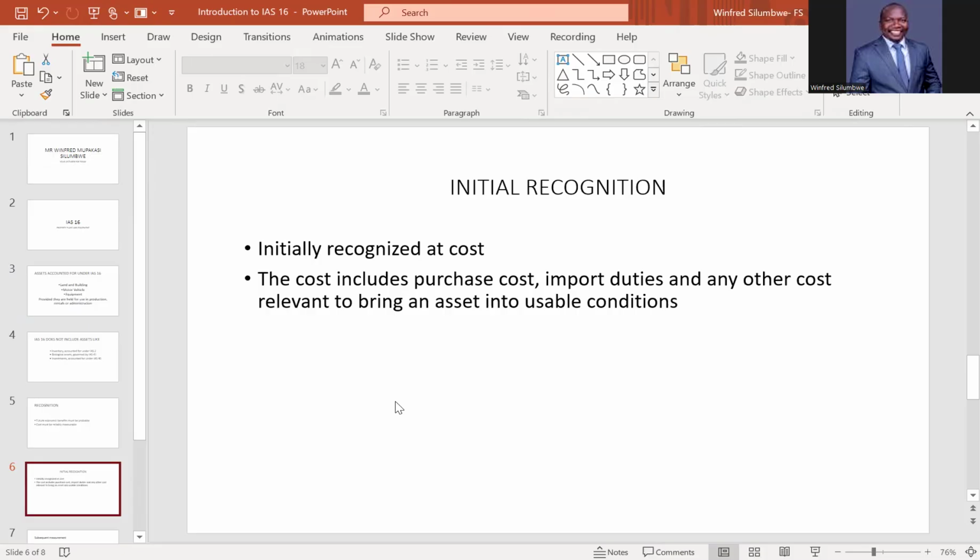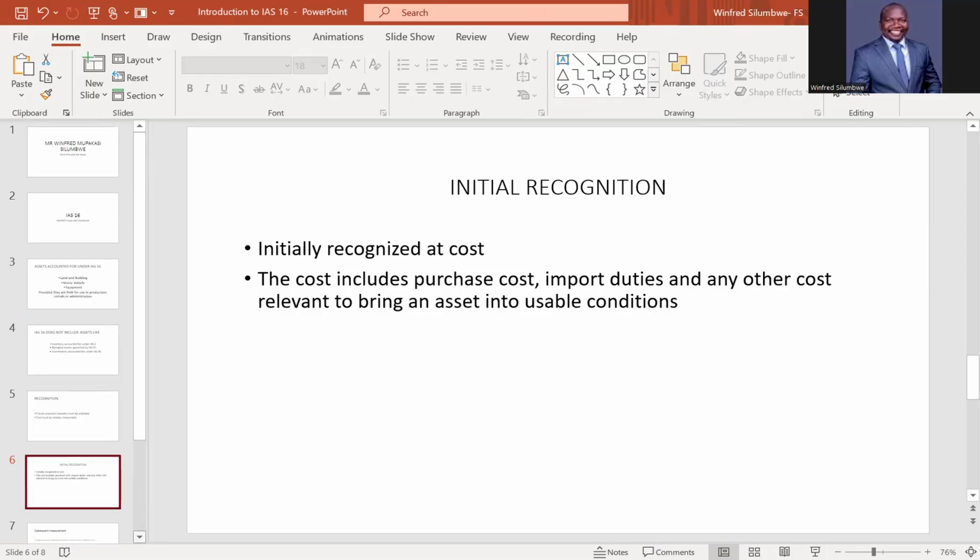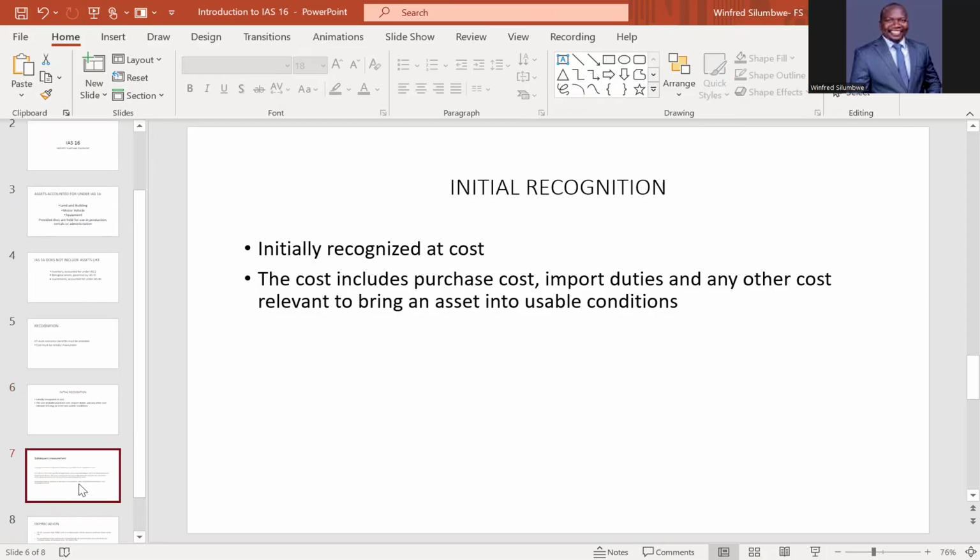All those costs that are needed for you to assemble it and bring it to usable, you add them and they form part of the cost of that PPE. Very, very important.